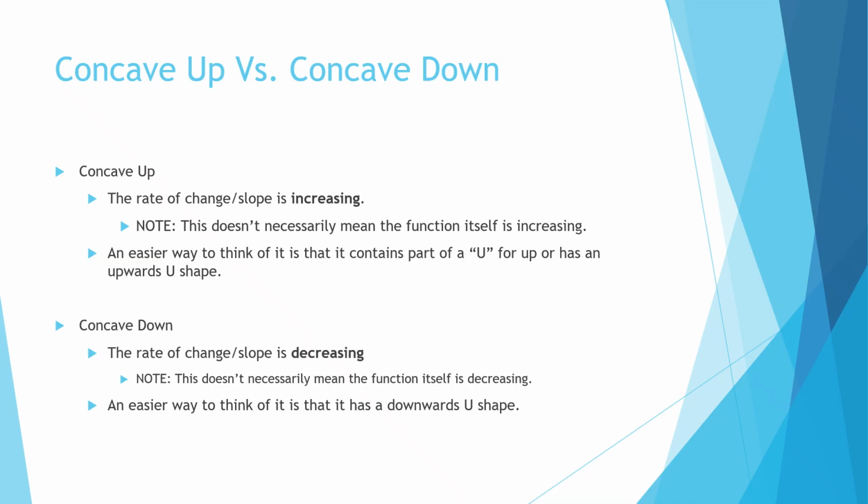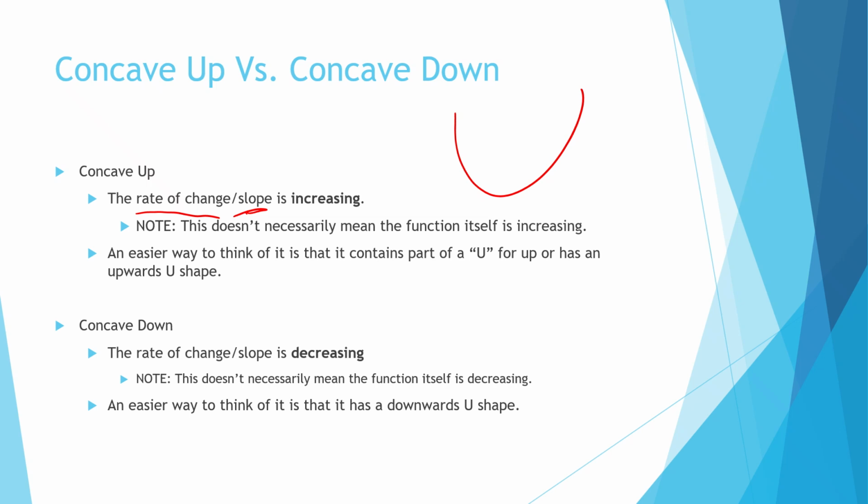For a concave up graph, the rate of change or slope of the graph is increasing. This does not mean that the function is increasing. It just means the rate of change or slope is increasing. I'm going to show you what that means, so just remember it for now, and I will break that down in a second.